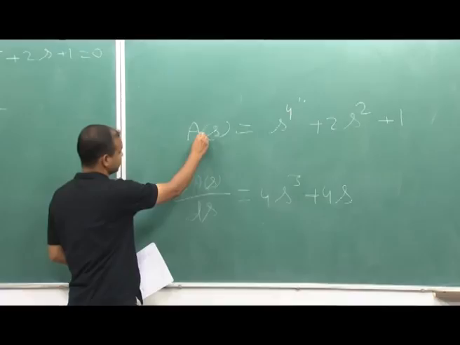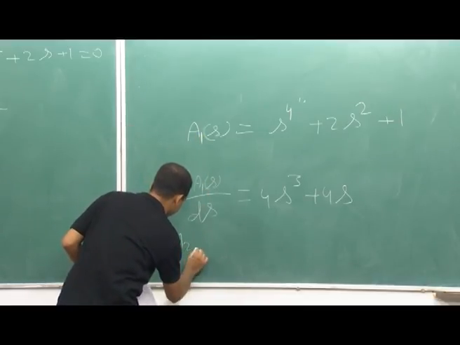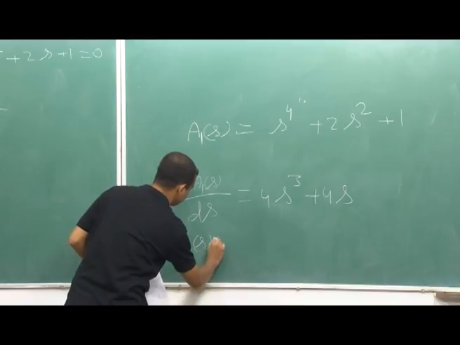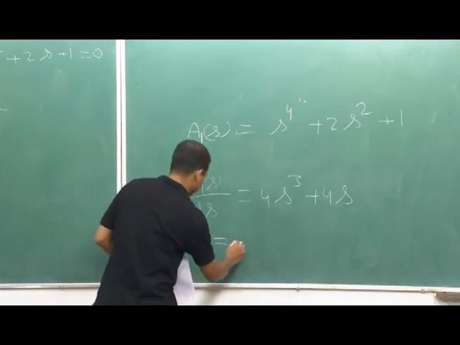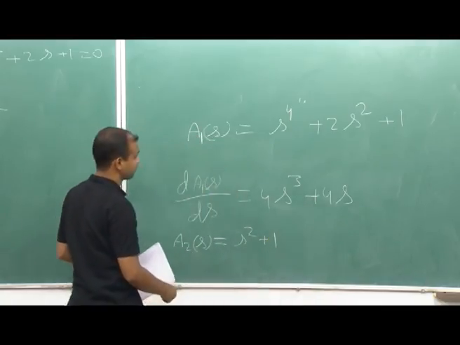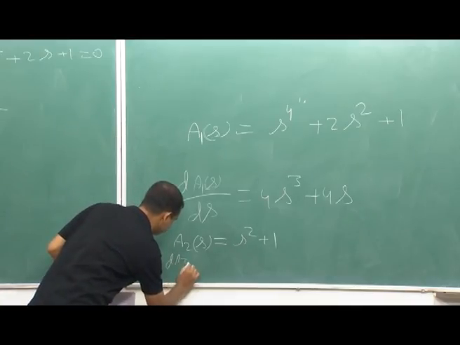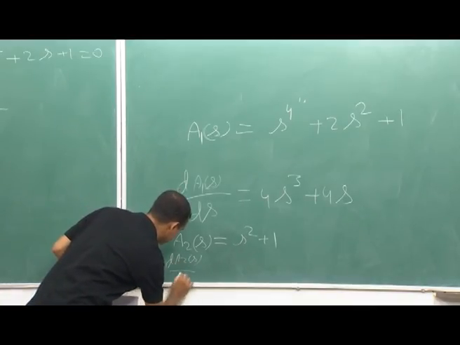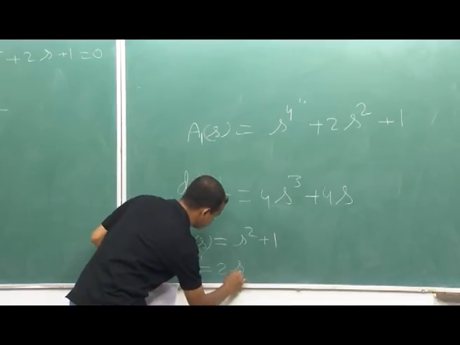If I write this as A1 of s, now I will get the second auxiliary equation A2 of s, and this is s square plus 1. If I differentiate it, dA2(s)/ds, I will get 2s.